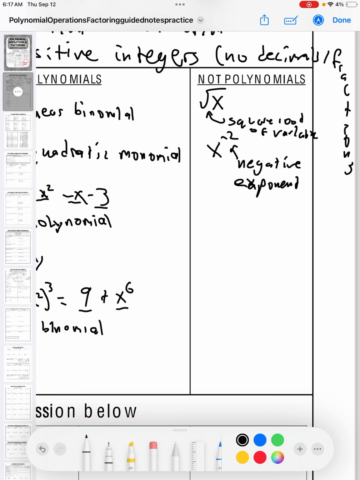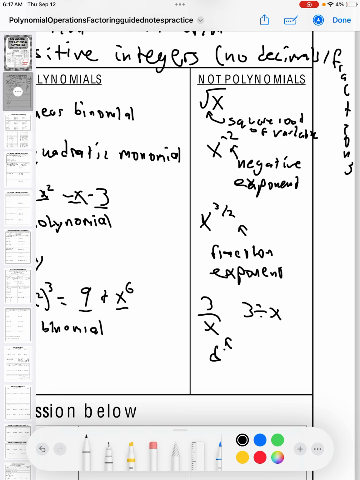Other things would be like a fraction exponent. So if we have something like x to the power of 3/2, that is not a polynomial. We can't have a fraction exponent. We also can't have things like 3 divided by x.